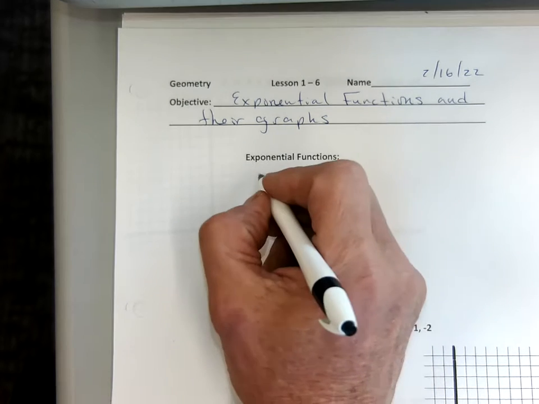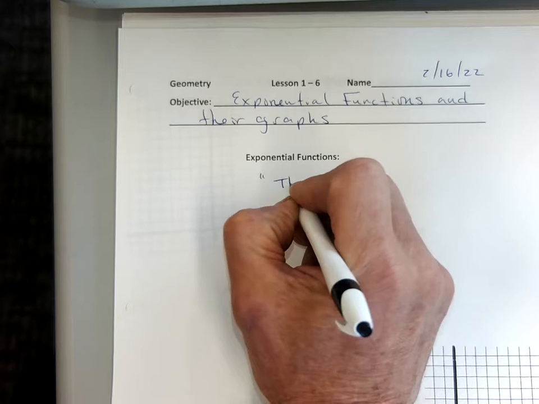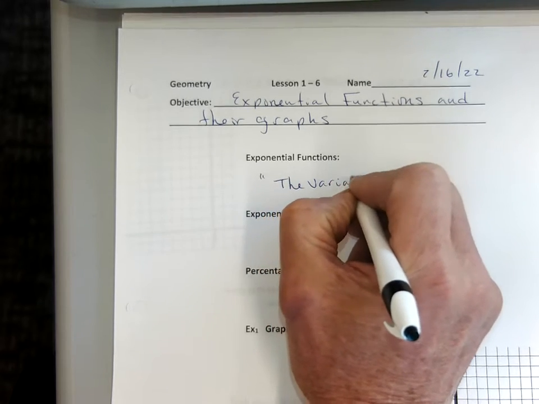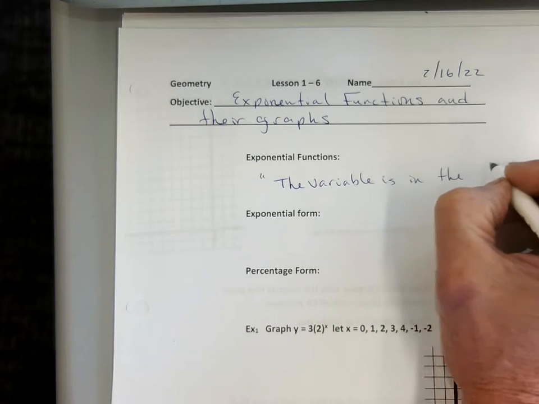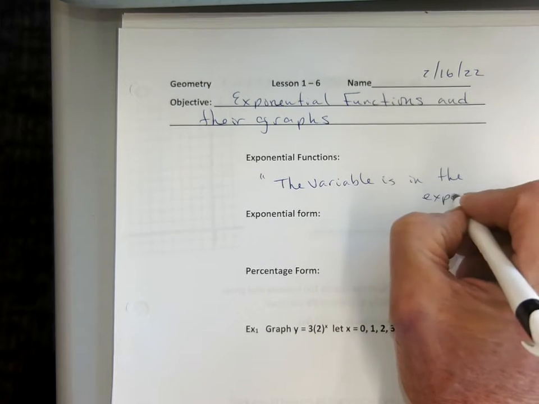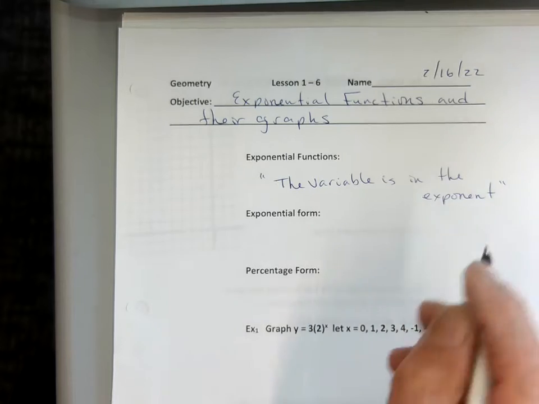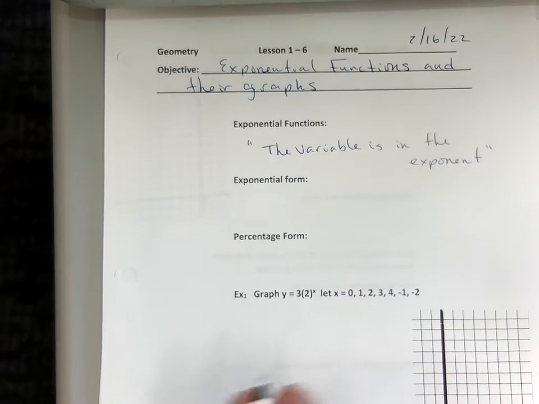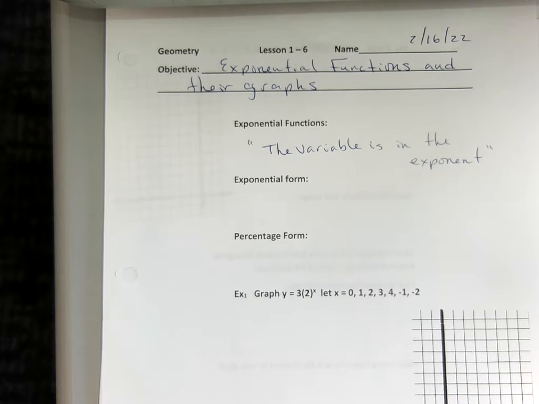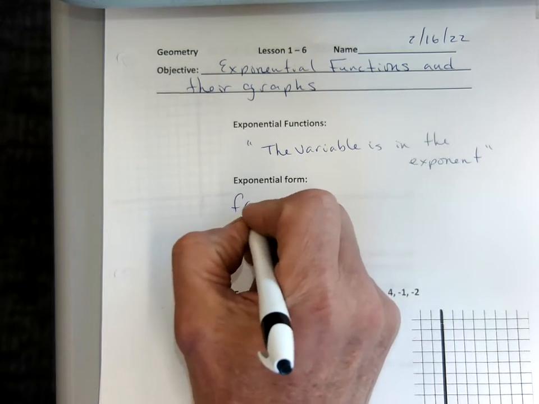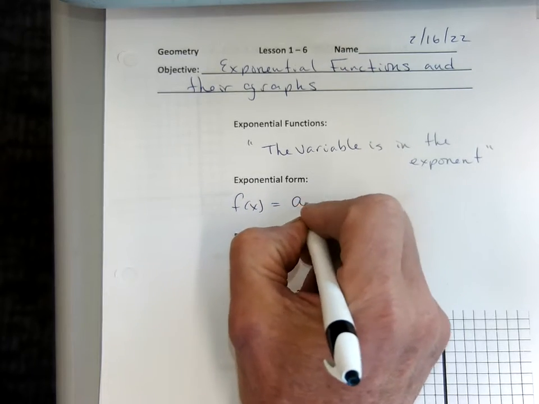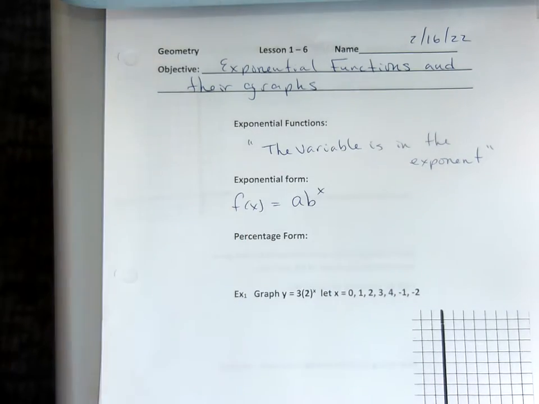If it's an exponential function, the variable is in the exponent. Okay, the variable is in its exponent. Exponential form, f of x equals a b to the x.